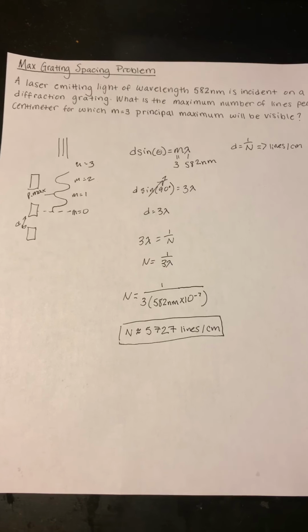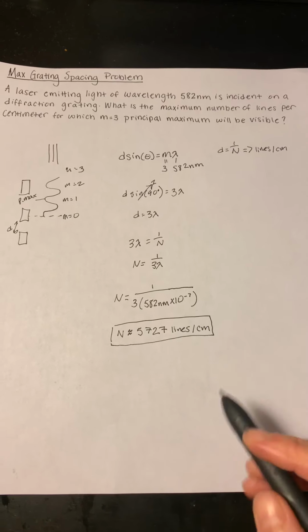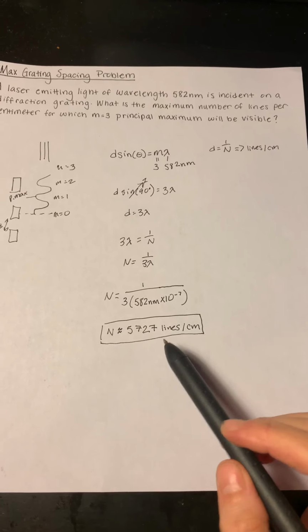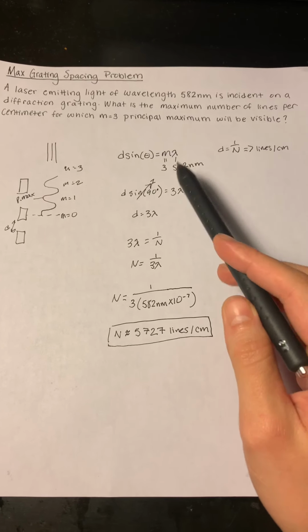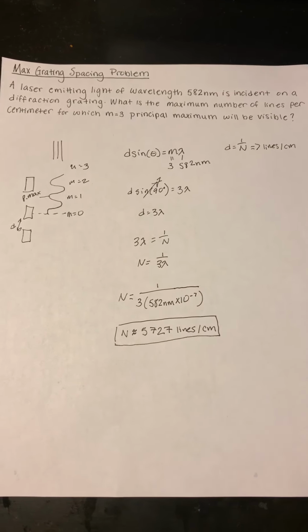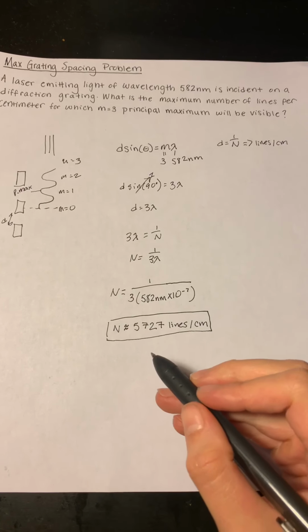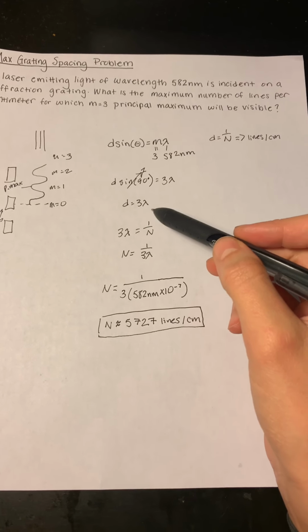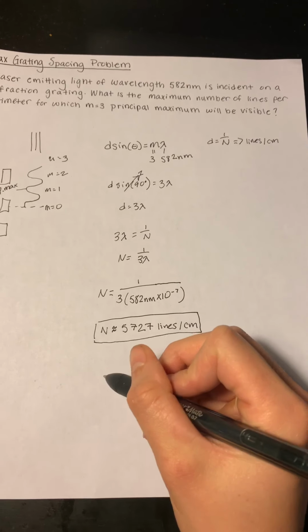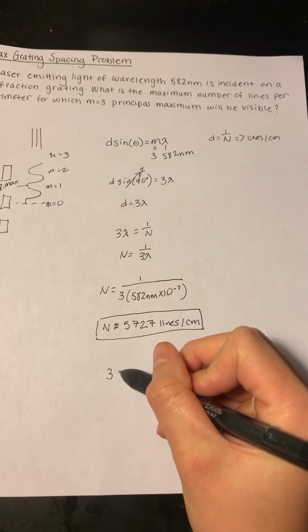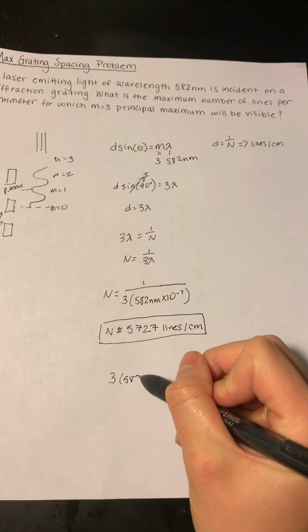So one way we can check this solution is to take our n here and plug it back into the original formula and try to solve for m, or our wavelength. We know d is equal to 3 times our wavelength, so 3 times 582.